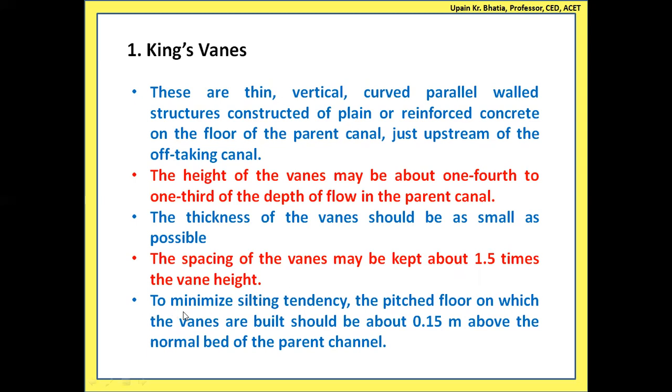And the last sentence about it is, to minimize silting tendency, the pitched floor on which the vanes are built should be about 0.15 meter above the normal bed of the parent canal. See, these are very thin walls.